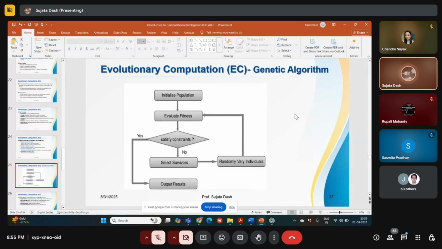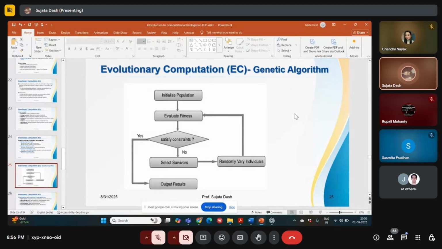You can select roulette wheel selection, tournament selection, or rank based selection. Then comes step 5, which is randomly vary individuals. Here you are creating new individuals through genetic operators, like crossover, mutation, etc.